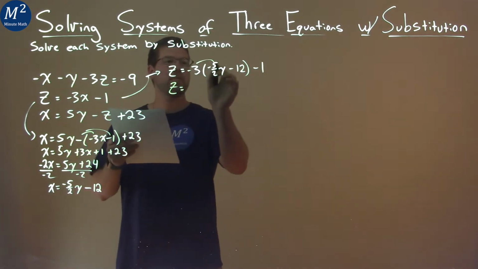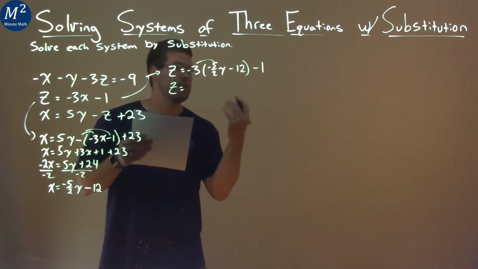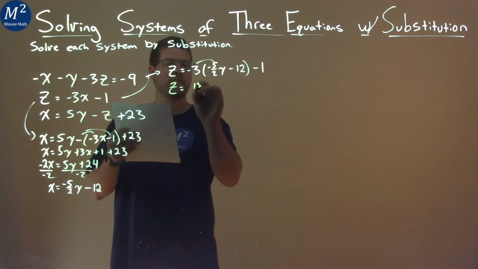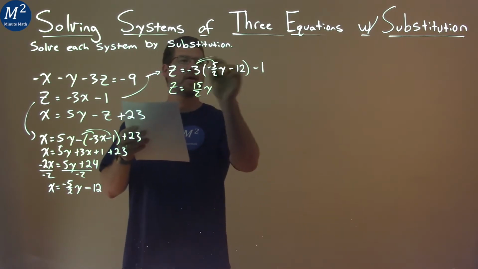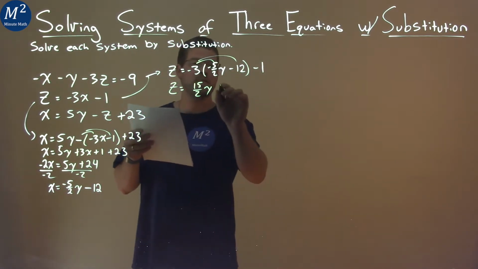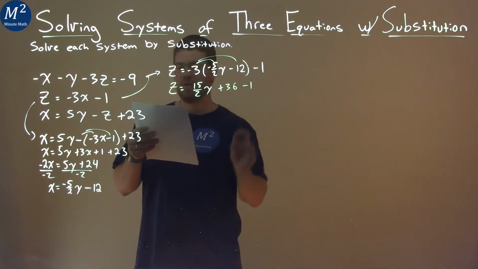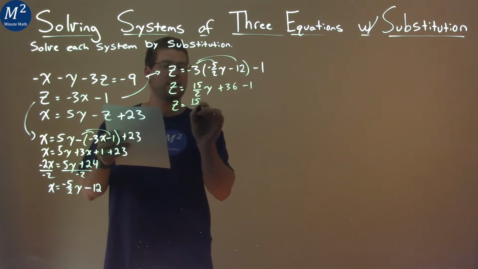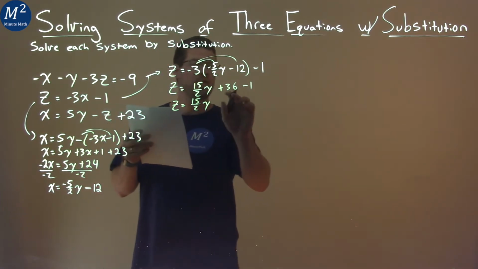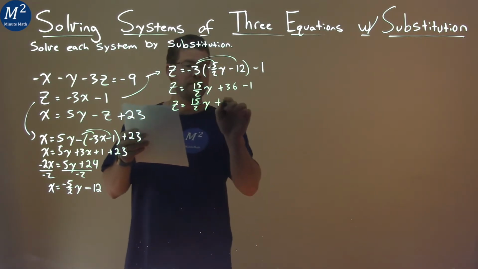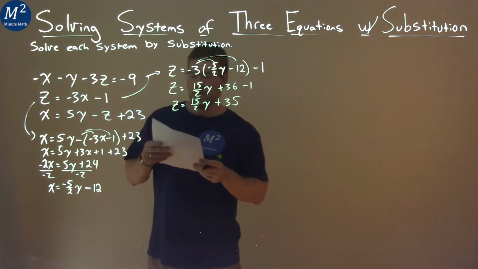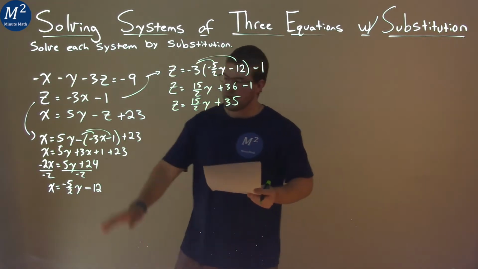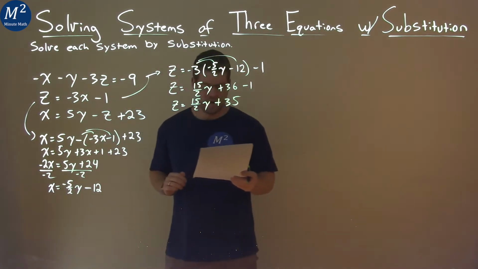Distribute the negative 3 to both parts. Negative 3 times negative 5 halves is a positive 15 halves y. Negative 3 times a negative 12 is a positive 36, and we have a minus 1. Simplify it a little bit. 15 halves stays there, y, and then 36 minus 1 is 35.